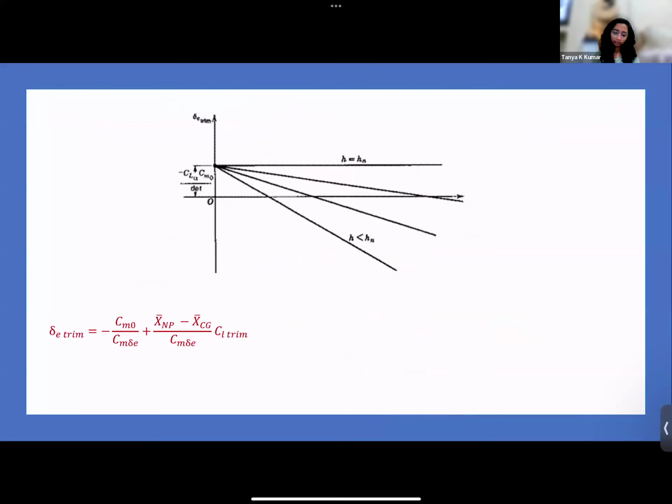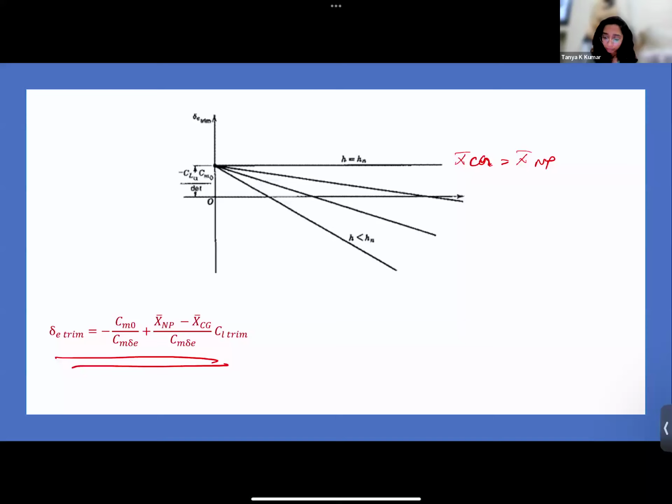So this is the equation that we used, and this is the graph. I had drawn this graph in the previous case, so it's available. So when the CG moves away, this is X bar CG equal to X bar NP. Now when the CG moves away from the neutral point, the negative slope becomes more steep, right?